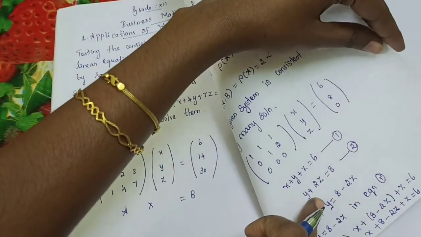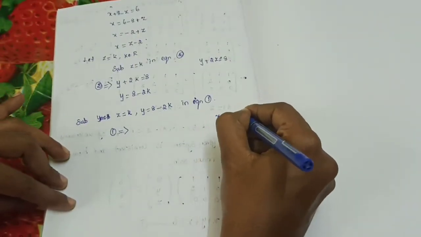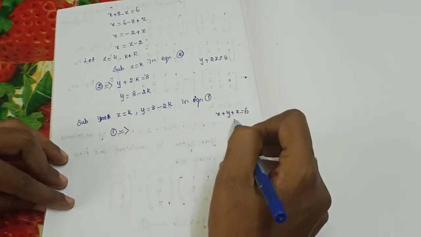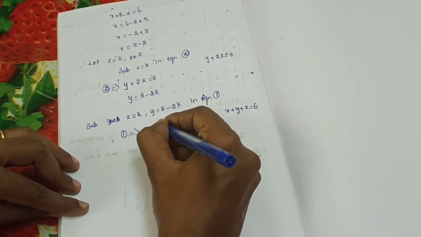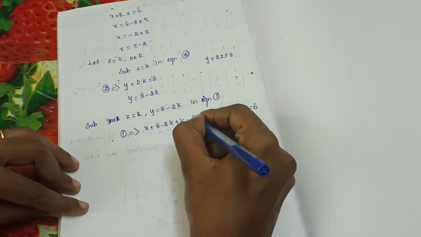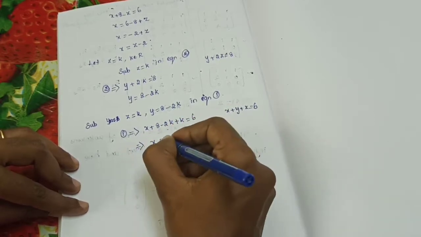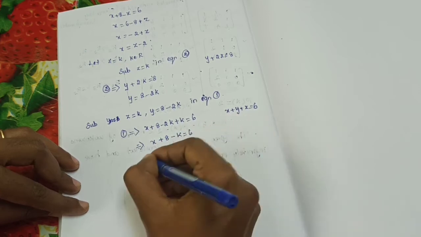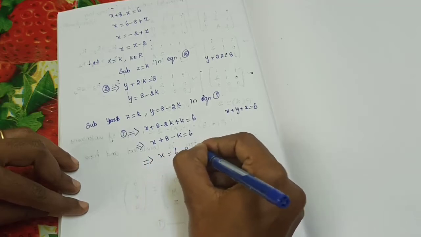So x plus y plus z is equal to 6. Going to substitute this particular z and y value in this equation. What will happen? x plus 8 minus 2k plus k is equal to 6. So that implies, like terms you can add, x plus 8 minus k is equal to 6, which implies x is equal to 6 minus 8 plus k.